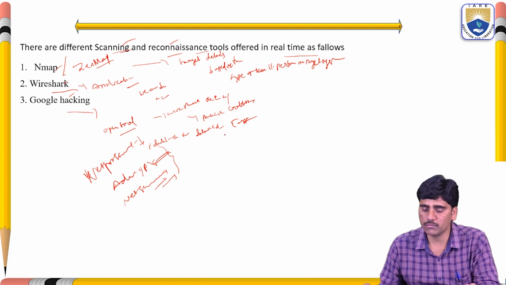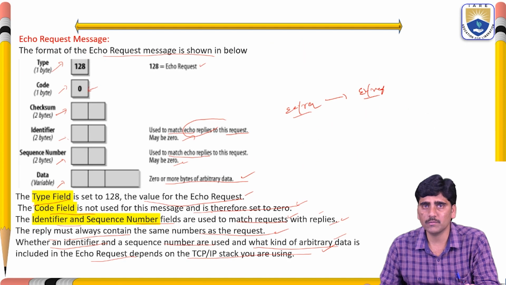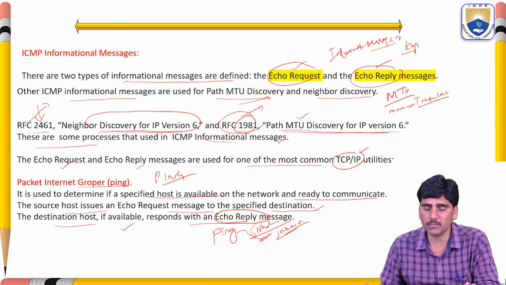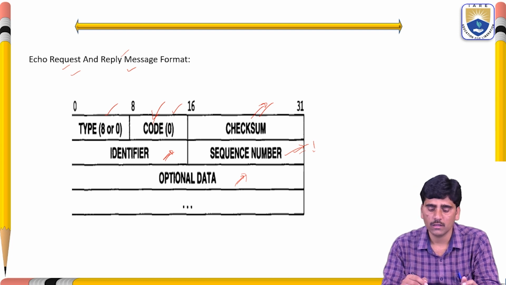So once again, we revise the topics we discussed in this session. First of all, ICMP informational messages. What informational messages are we using? One is echo request and echo reply messages. They have the same packet format, which contains the type field, code field, checksum field, identifier field, sequence number field, and optional data field.